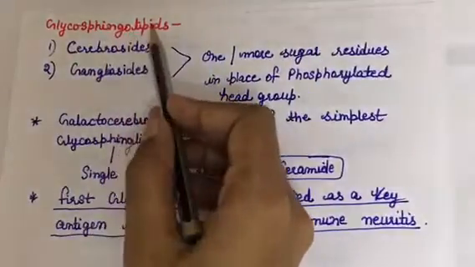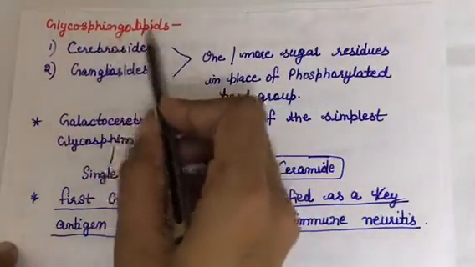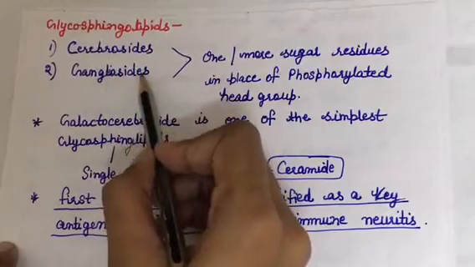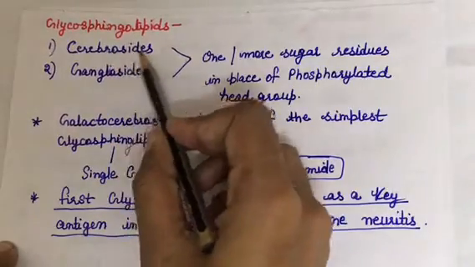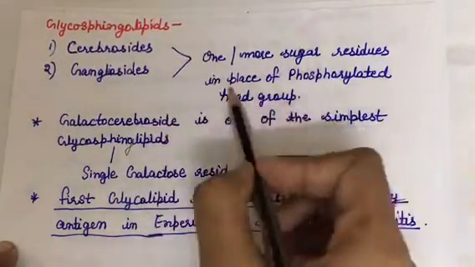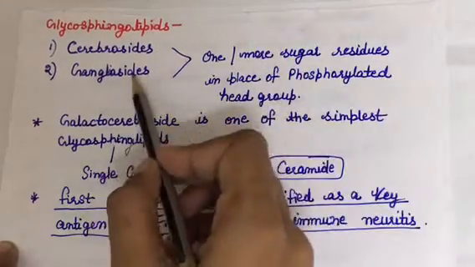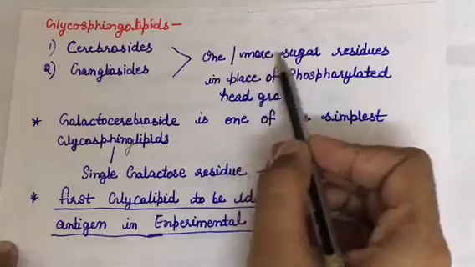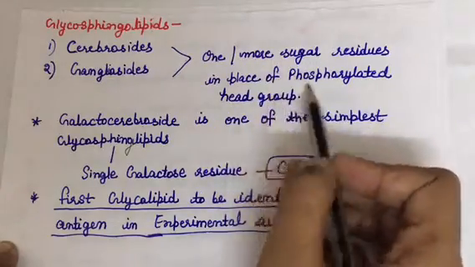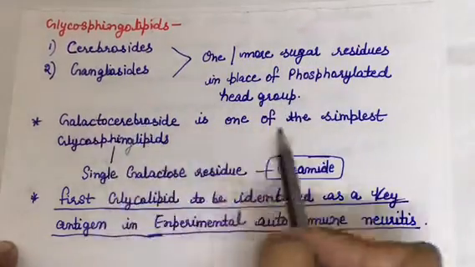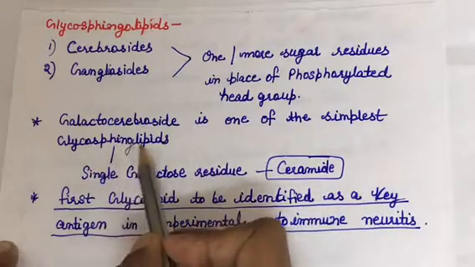Now, glycosphingolipids such as cerebrosides and gangliosides. In the case of cerebroside, only one sugar residue is attached to the sphingosine backbone, and in the case of gangliosides, more than one sugar residue is attached, right? Galactocerebroside is one of the simplest glycosphingolipids.